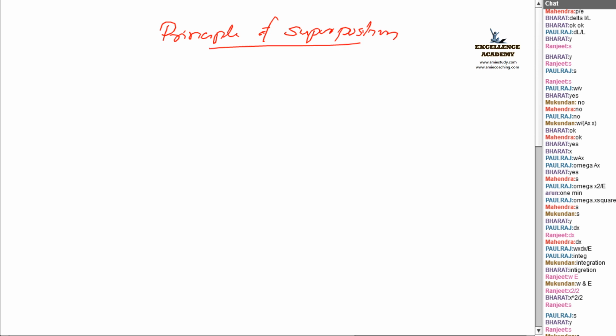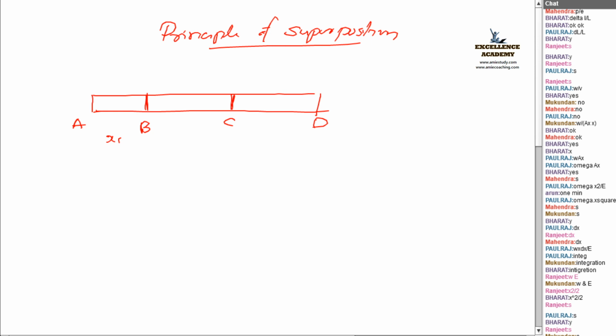Principle of superposition. That means, okay, I shall draw one figure, after that I shall explain. This is one body and I make a lot of sections there, say A, B, C, D, which are at distances of x1, x2, x3.